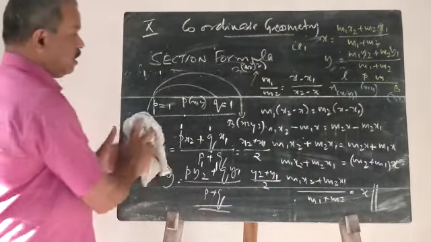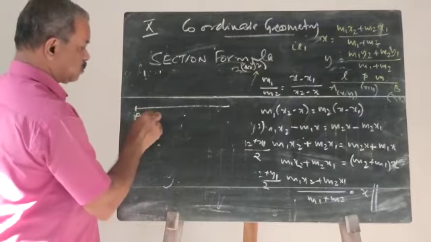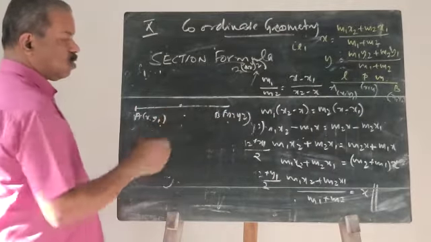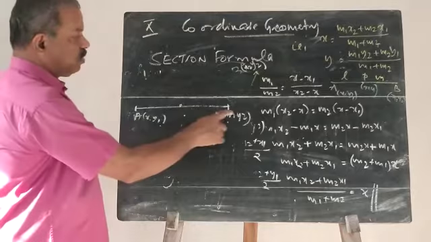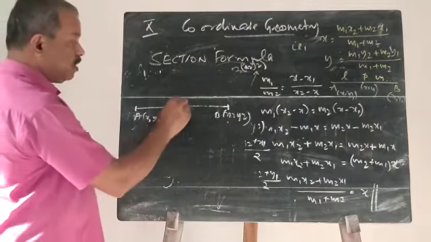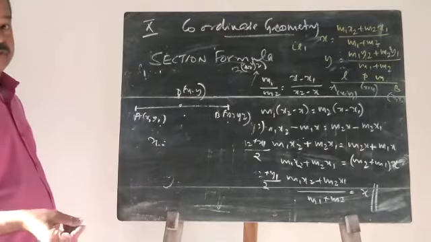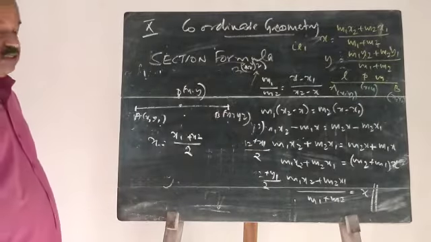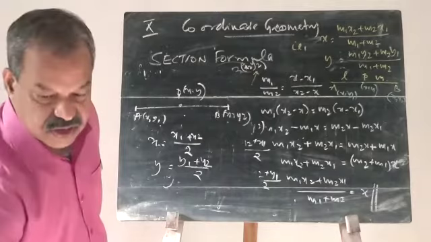In general, the midpoint of AB with endpoints A (x1, y1), B (x2, y2) is x equal to (x1 plus x2) by 2, the average of the x coordinates, and y equal to (y1 plus y2) by 2, the average of the y coordinates.